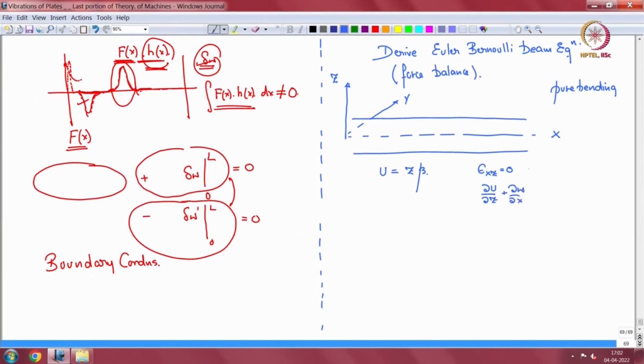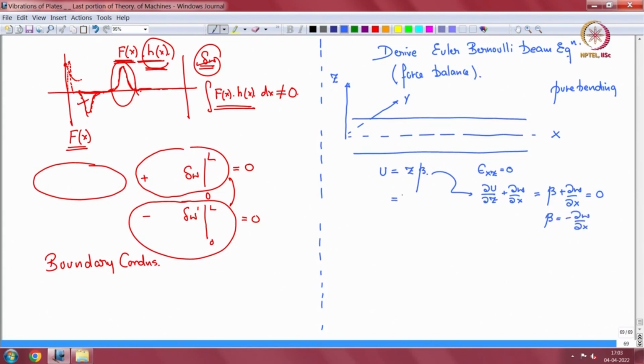This gives me beta plus del w by del x. If I set that to 0, I get a definition for beta: beta is equal to minus del w by del x.